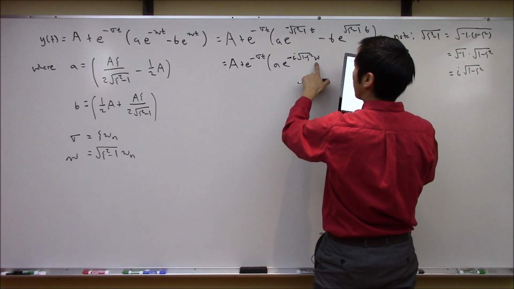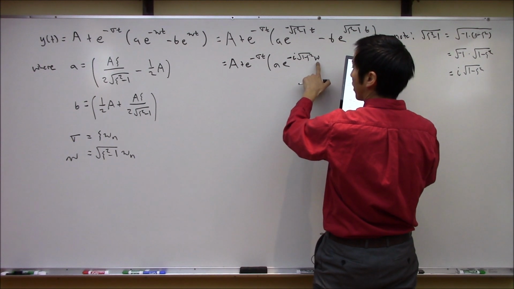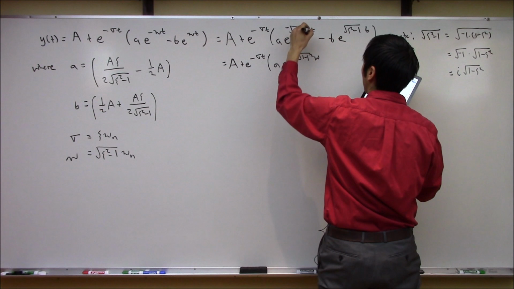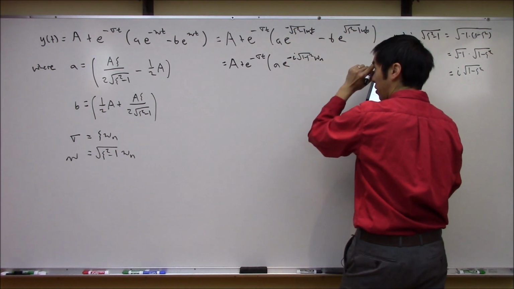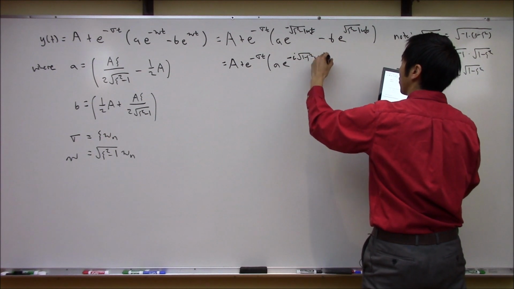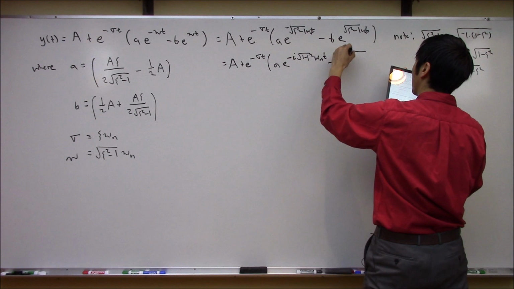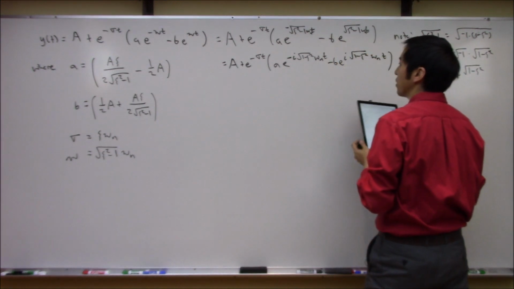Did I drop another, crud, wait, yeah, sorry. Boy, that was really sloppy. There should be an omega n here and an omega n. Yeah, there we go. Okay, now we're on the same page. Okay, omega n t, right? Minus b e to the i square root 1 minus zeta squared omega n t, right?